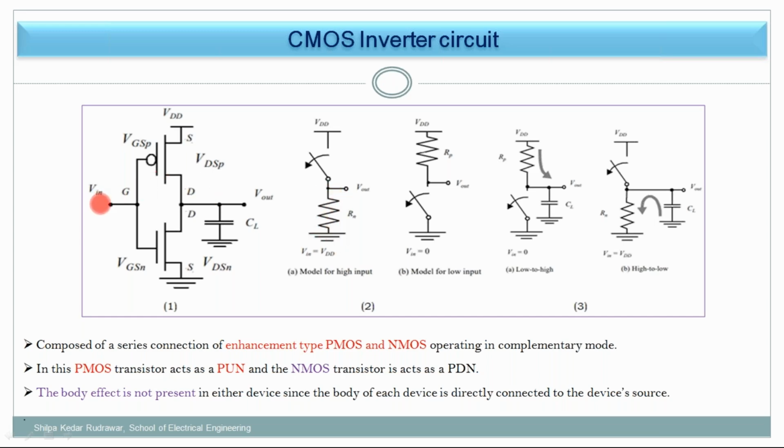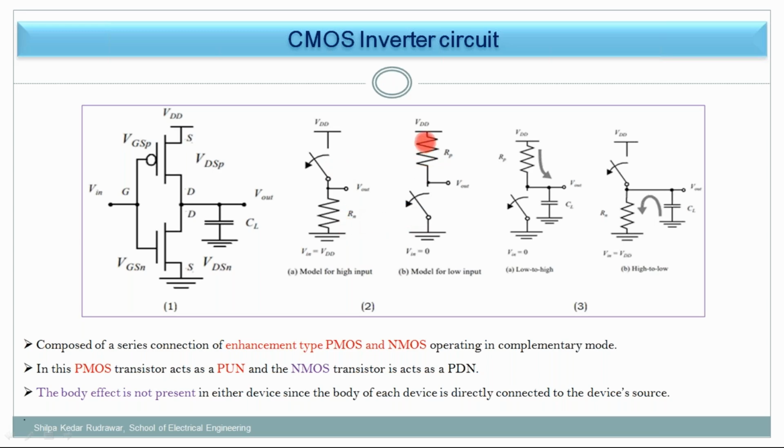Now when the input is 0, what will happen? If I have given input as 0, this device will turn on, and as this device is on, I am not saying that it is in saturation. It is just on, not off, and that's why it acts as a resistor, because current increases with increasing voltage VDS, and this other device will be off.